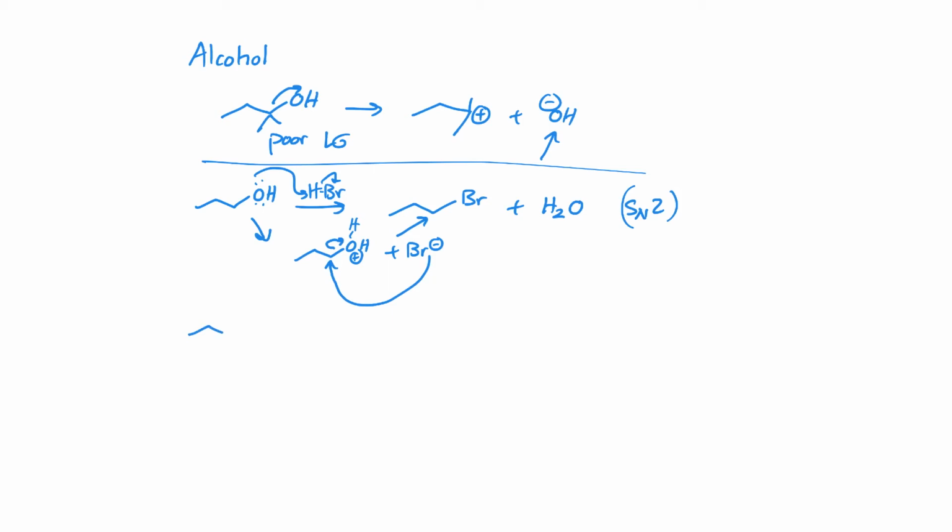Another option is if we have maybe a tertiary alcohol. We can react that with HBr as well. Protonate the alcohol. And now, before the bromine can attack, remember this tertiary carbon right here is very hindered.